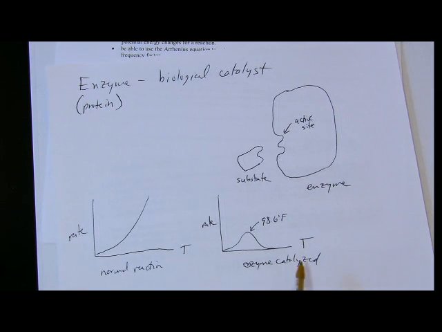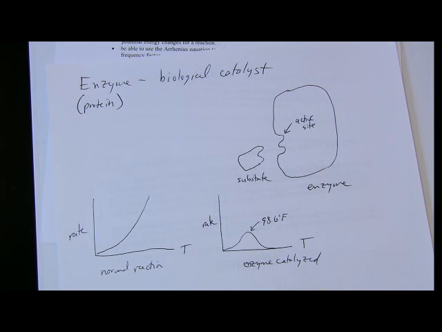Right. So why is that? Why is it unusual? With most reactions, it just keeps going up. But with an enzyme catalyzed reaction, you get 5 degrees above there, and it basically drops to zero. Yes, doesn't the high temperature mess with the structure of the protein? Okay, that is correct.